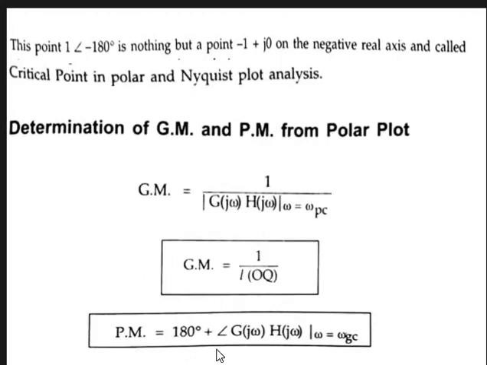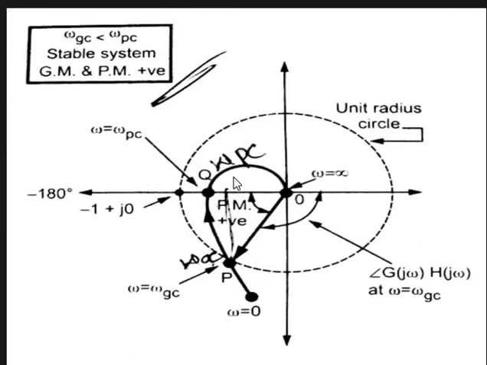For phase margin, it is 180 degrees plus the angle of G of j omega into H of j omega at omega equal to omega GC. So here we calculate the angle of G of j omega H of j omega. This is omega GC, where the polar plot touches the unit radius circle.